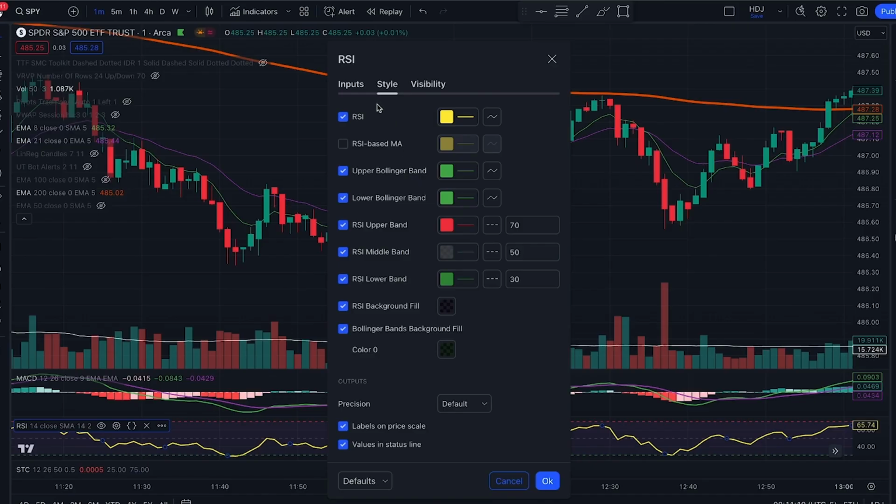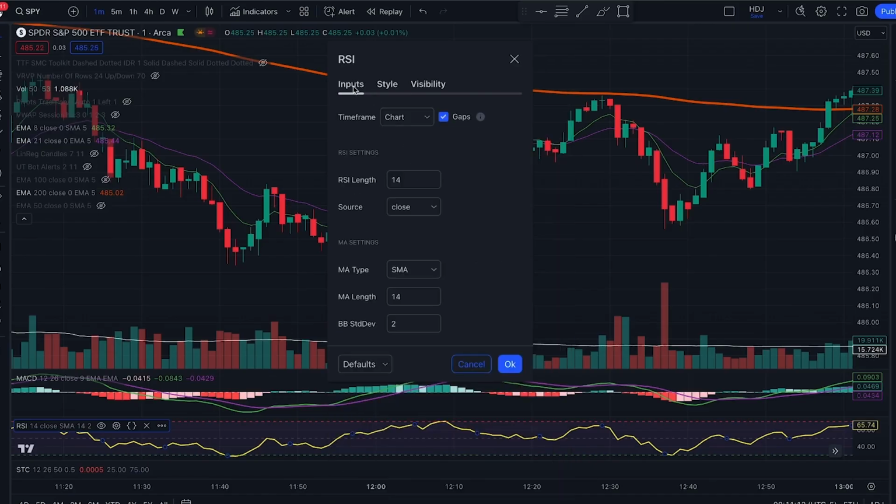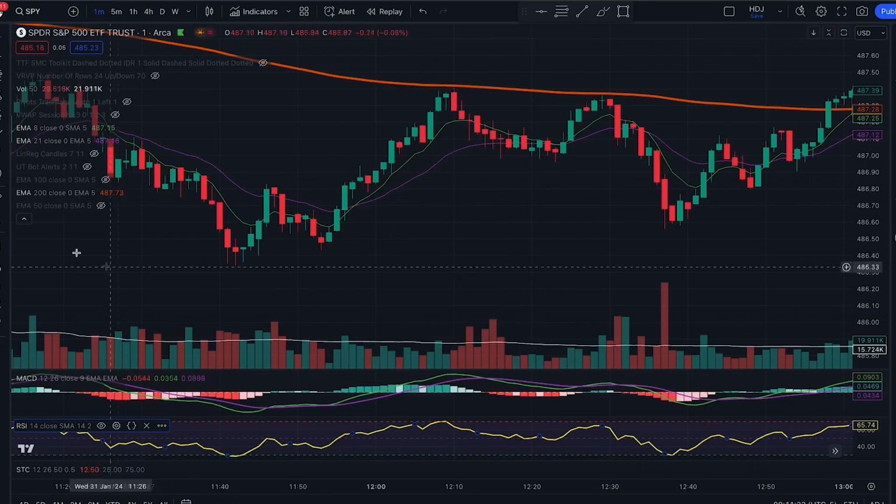And then for the input, the RSI length, I have it at 14. All right. These are my RSI settings. All right, everybody. So once you get your indicators added, you're ready to roll. All right, let's close that up.